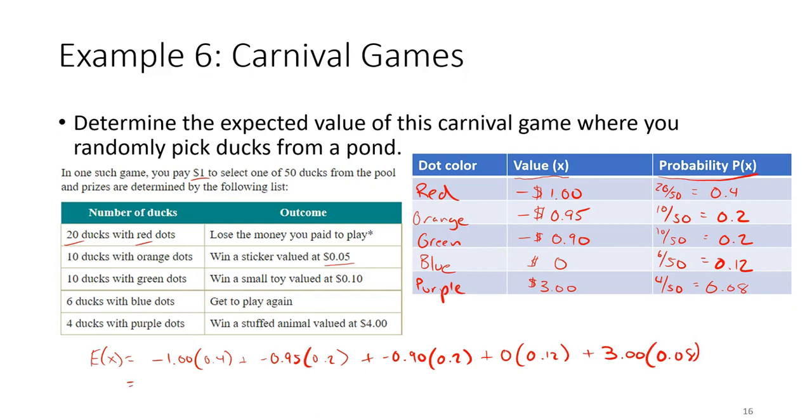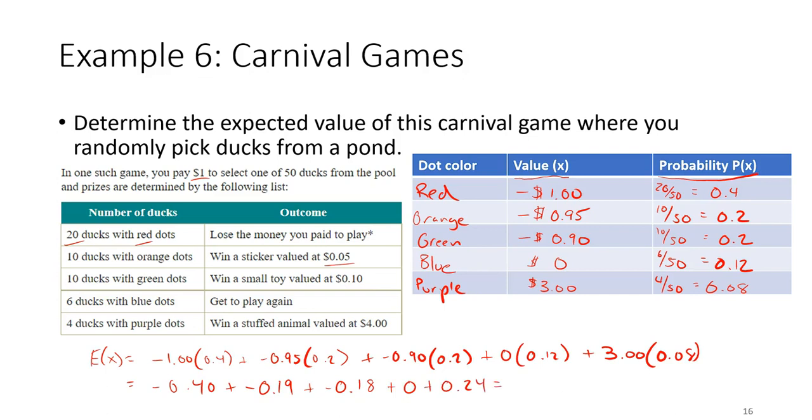And if we just write out all of these terms, -0.40 plus -0.19 plus -0.18 plus 0 plus 0.24.